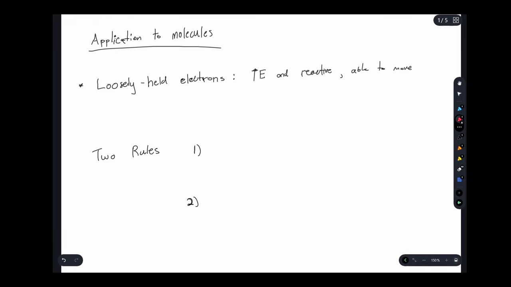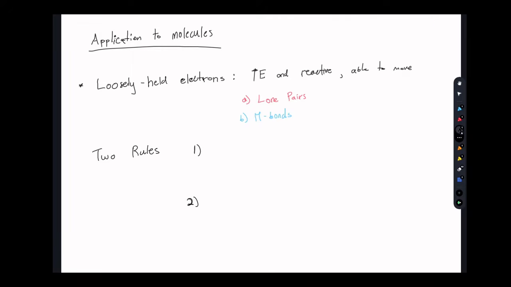The two types of loosely held electrons that we'll be discussing are lone pairs and pi bonds. So when we look at a molecule, we can have this understanding that the lone pairs and the pi bonds in that molecule could potentially move around.